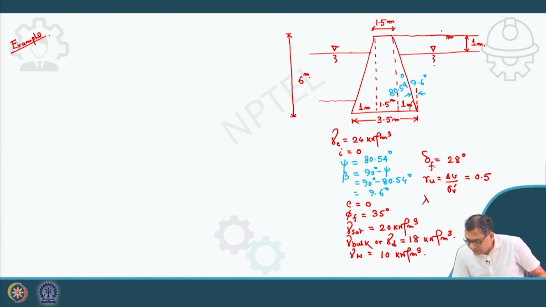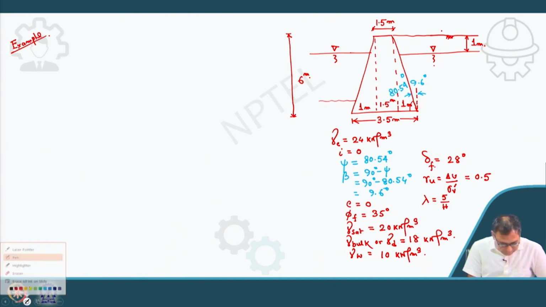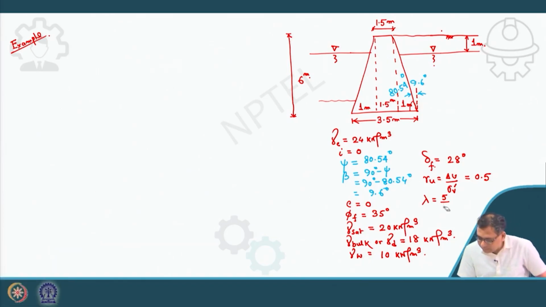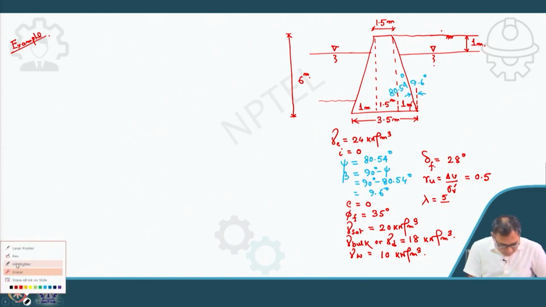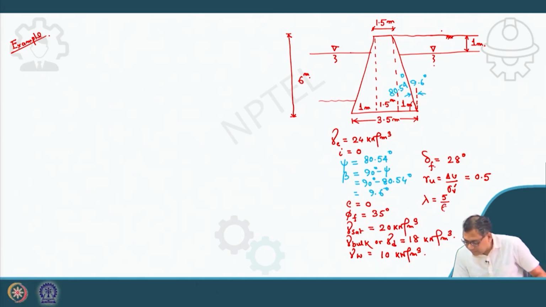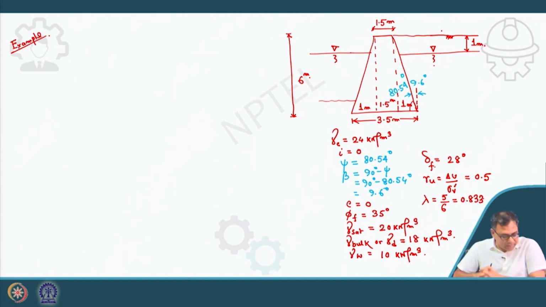So now your lambda value will be how much? Lambda is small h by capital H, so it will be 5 by 6, which is 0.833. So it is not a fully saturated case, it is a partially saturated case.